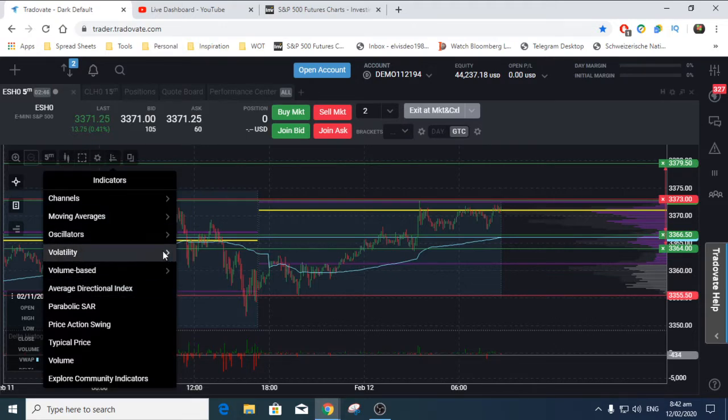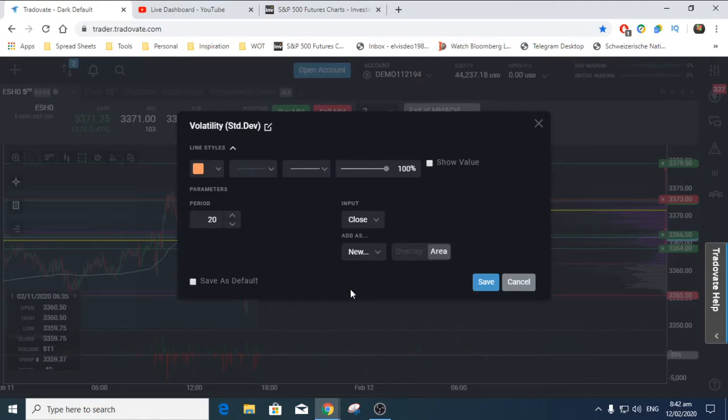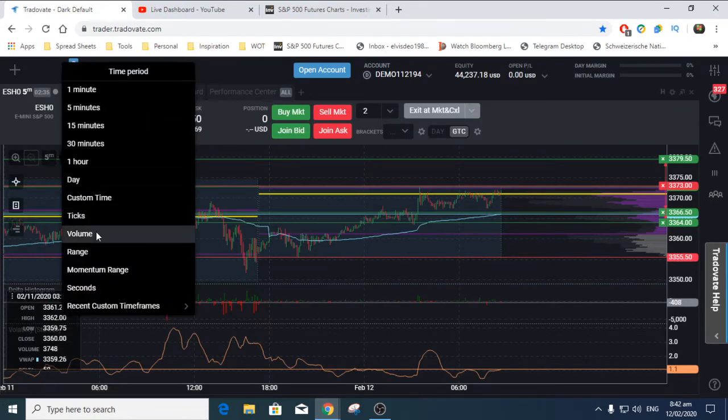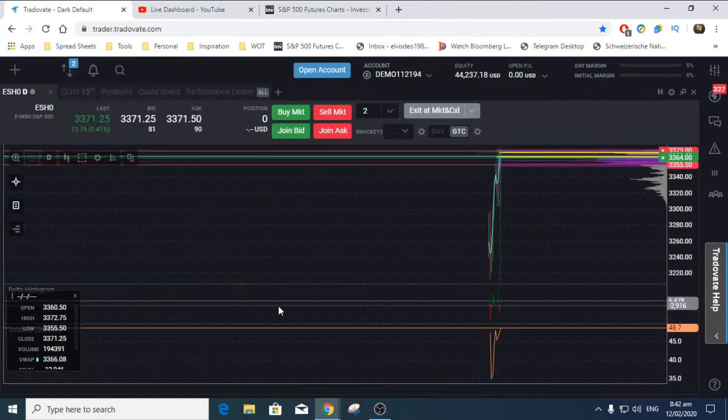Use volatility, standard deviation, show the value, save that, and look for a deviation for the day. The expected range really is 48.7, so you have some increase in volatility over the last 20 days.